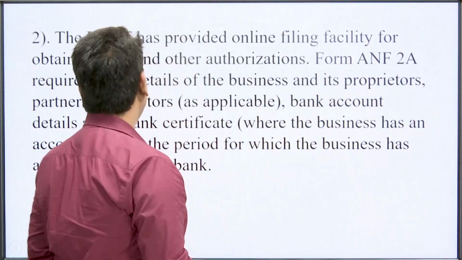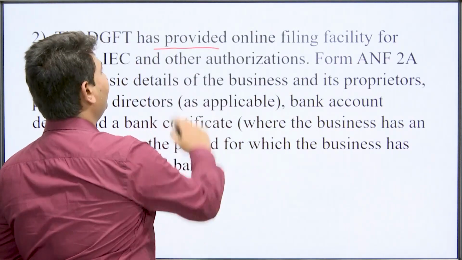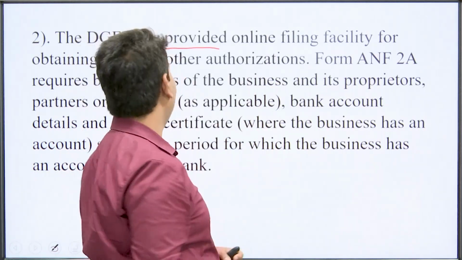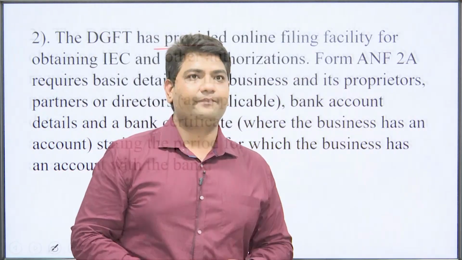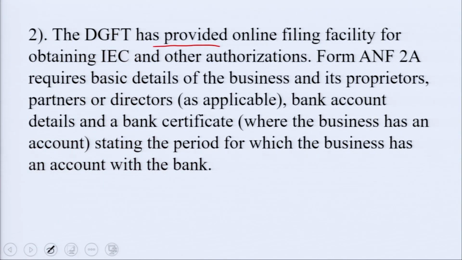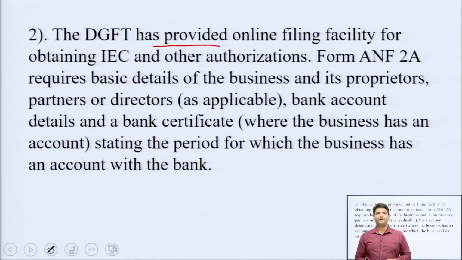And next point is, the DGFT has provided online filing facility for obtaining IEC and other authorizations. Form ANF2A requires basic detail of the business and its proprietors, partners or directors as applicable, bank account details and a bank certificate where the business has an account, stating the period for which the business has an account with the bank.